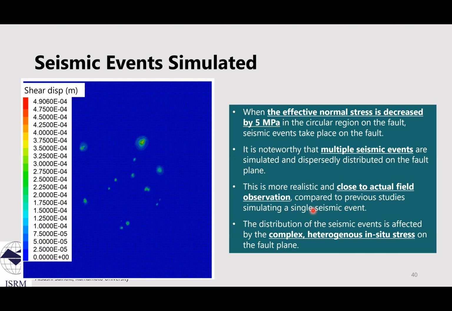This figure shows the shear displacement on the fault plane when the effective normal stress is decreased by 5 megapascal.